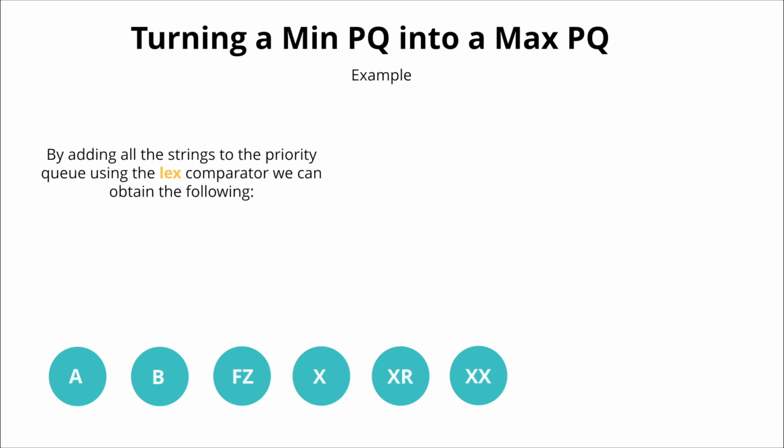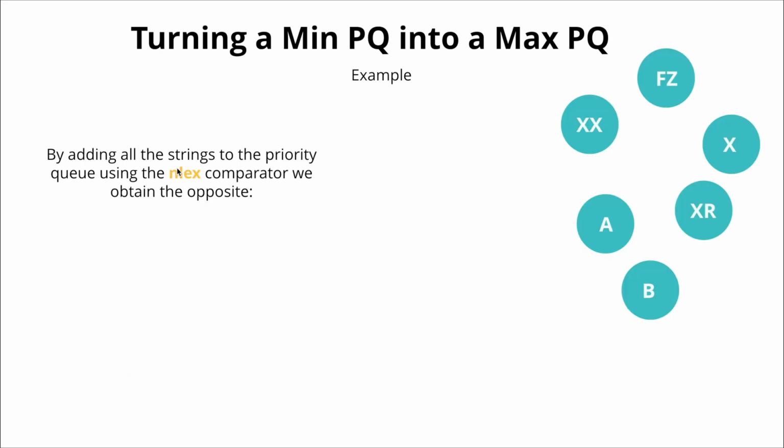Now this is using the lex comparator. So if we use the NLEX, what are we going to have? Now we're going to use the NLEX, which is simply the negation of lex.